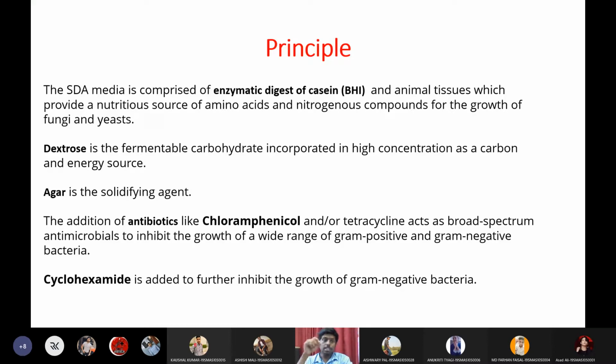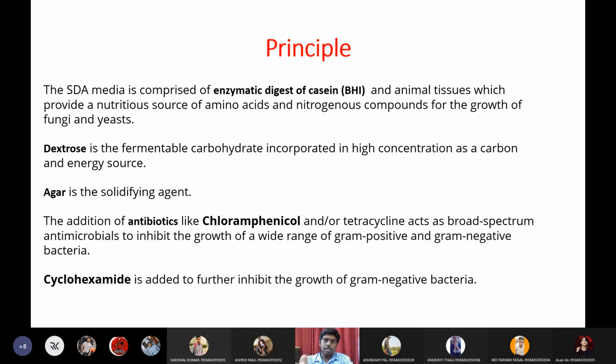Clinically not important fungi will be inhibited by the help of cycloheximide, whereas chloramphenicol will act as an antibiotic where it won't allow the growth of gram-positive and gram-negative bacteria. So this is the overall principle of SDA. So this is the composition and principle of SDA.